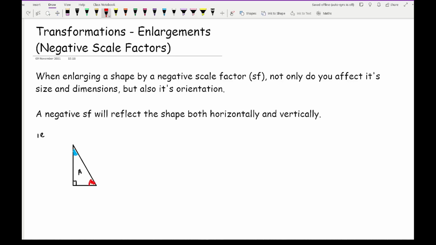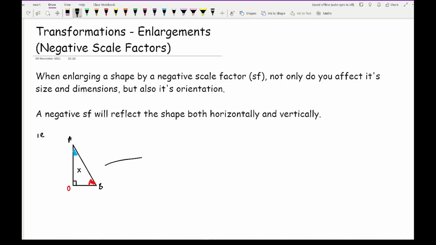Let's use the colours so that we're not getting too confusing. Let's just call the triangle X. And this is A, that is B.